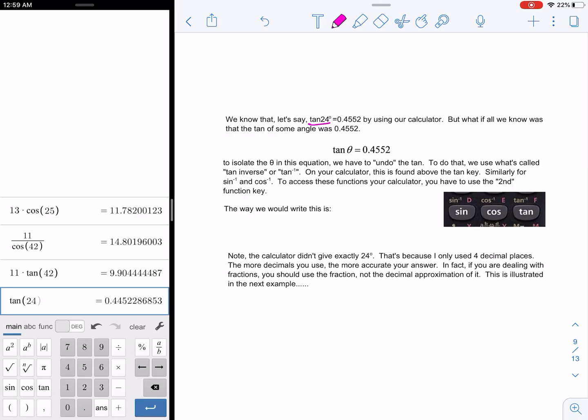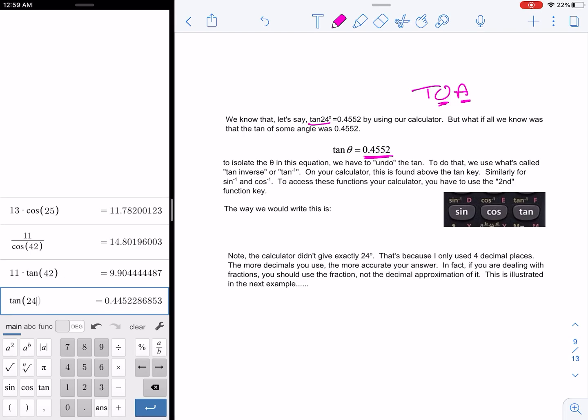But what if I didn't actually know that the angle was 24 degrees, but I did know that the ratio turned out to be 0.4552 when I divided? The tan is TOA. So when I took the length of the opposite and divided it by the length of the adjacent, I got 0.4552. Well, then the question is, what is the angle?